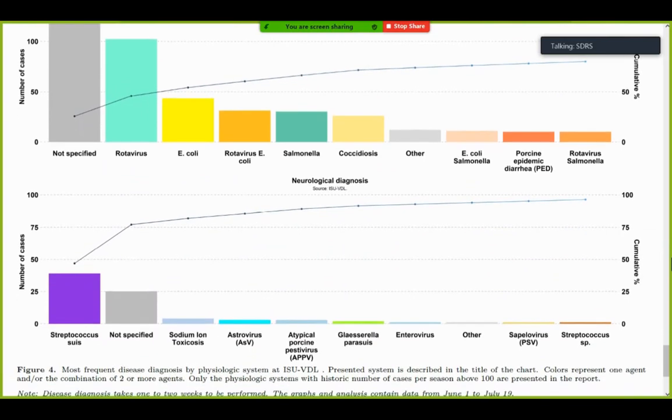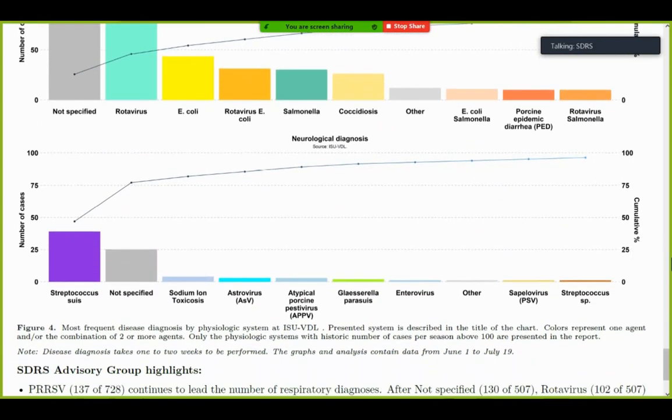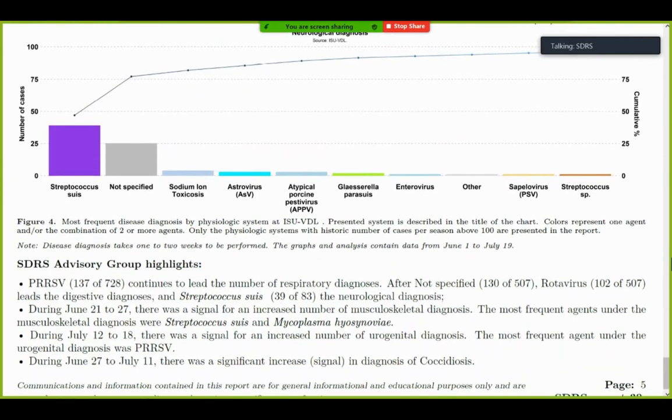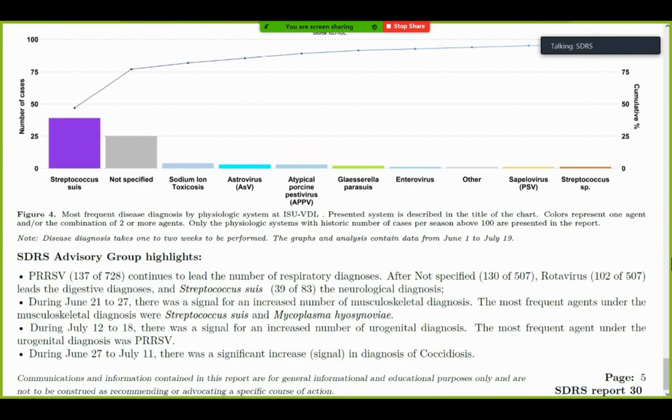Between June 21st and 27th there was an increase in the number of musculoskeletal diagnoses, and the most frequent agents diagnosed are Streptococcus suis and Mycoplasma hyosynoviae. During July 12 to 18, there was an increased number of diagnoses for the urogenital system, and here we have the reproductive diagnoses together. The most frequent agent under this system was PRRS virus. So quite a few small signals, and nothing very expressive.